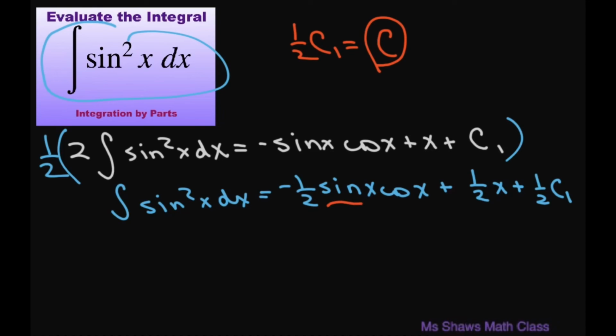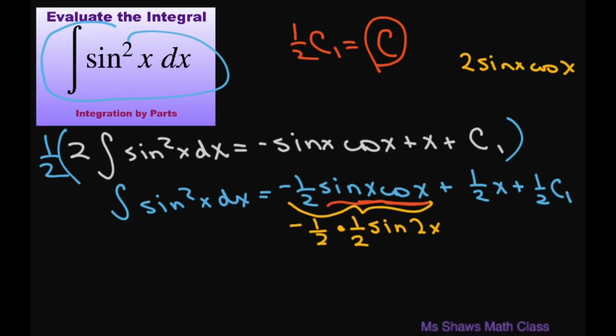And this right here, I can write using your trig identities as negative 1/2 times, I want sine of 2x, so I have to multiply this by 1/2, right? Because 1/2 sine of 2x would equal, remember sine of 2x is 2 sine of x cosine of x, but I had to multiply this by 1/2 to get a 1.